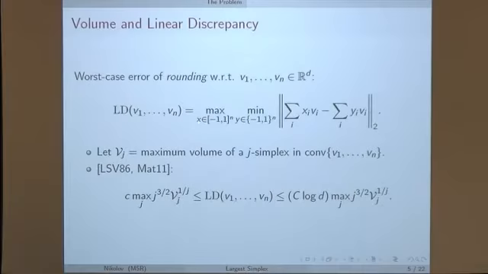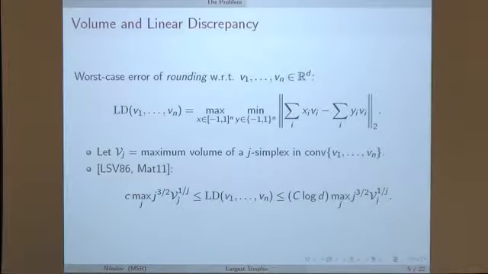We're given some real weights x1 to xn. Those are real coefficients that correspond to each one of the vectors v1 to vn. And our goal is to round them to plus minus 1, but they could be anything. They could be, say, square root of 2 over 2.